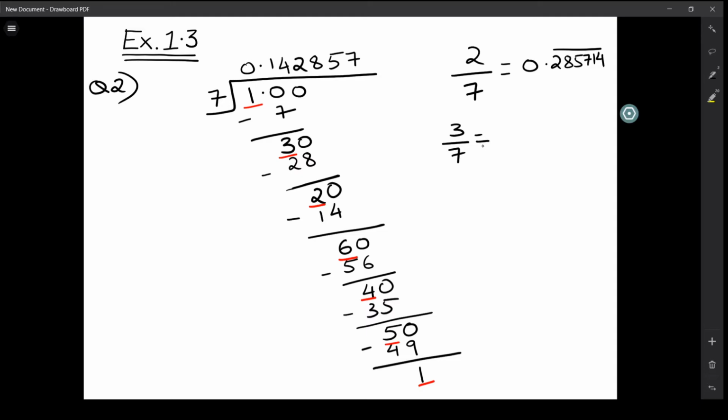Similarly, if I was doing 3 by 7, I would essentially be starting from this point right here, which would mean my decimal expansion would begin with the quotient 4. And hence this would be 0.428571, after which it would repeat itself.